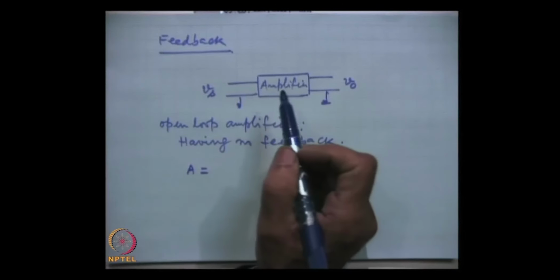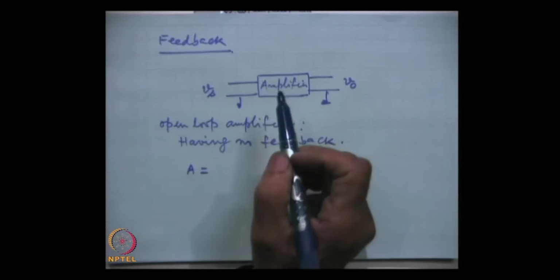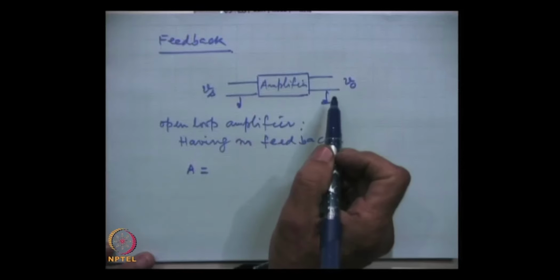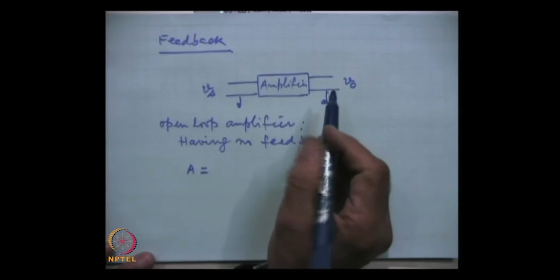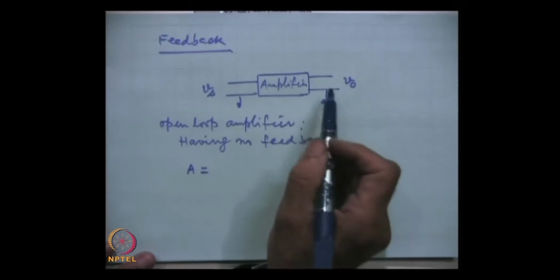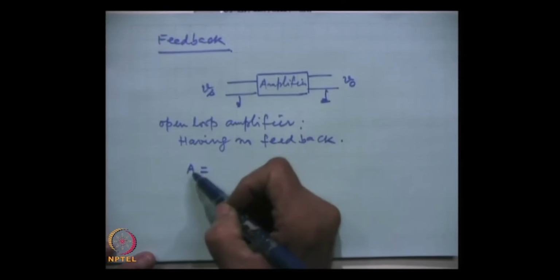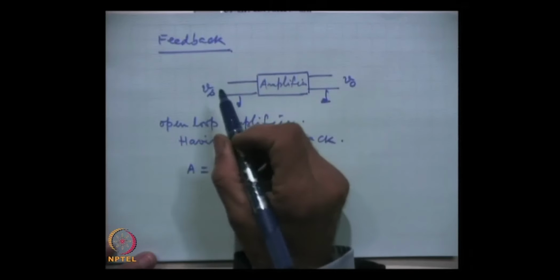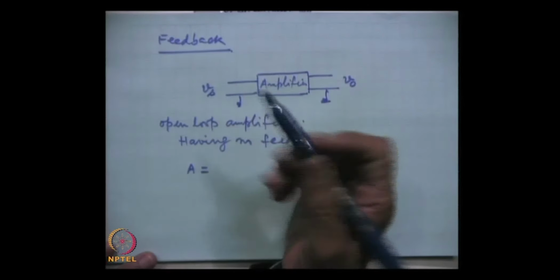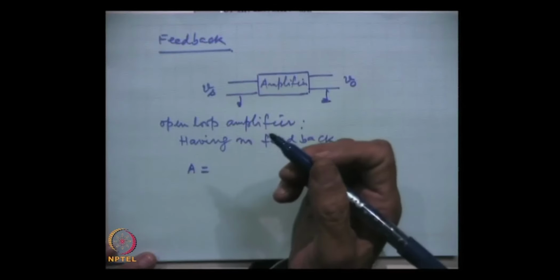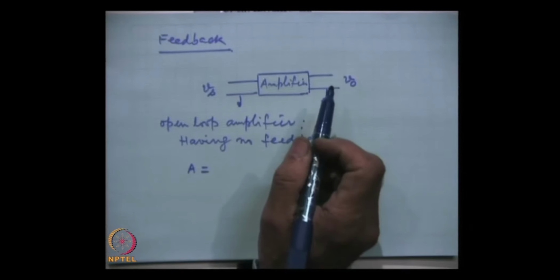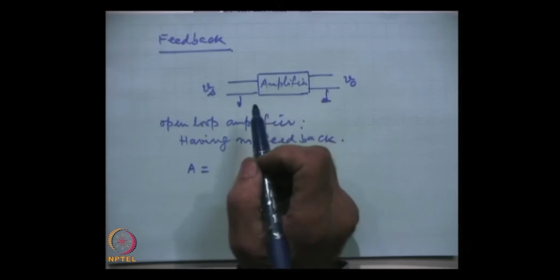Otherwise, remember this, in the whole analysis in this chapter, both can be voltages as we are taking, because they are most commonly used, or both can be currents, then the gain will be the current gain, or one can be voltage, other can be current, then it can be a transconductance amplification factor. But the analysis is valid for whatever is the amplification factor, but we will be considering voltages.